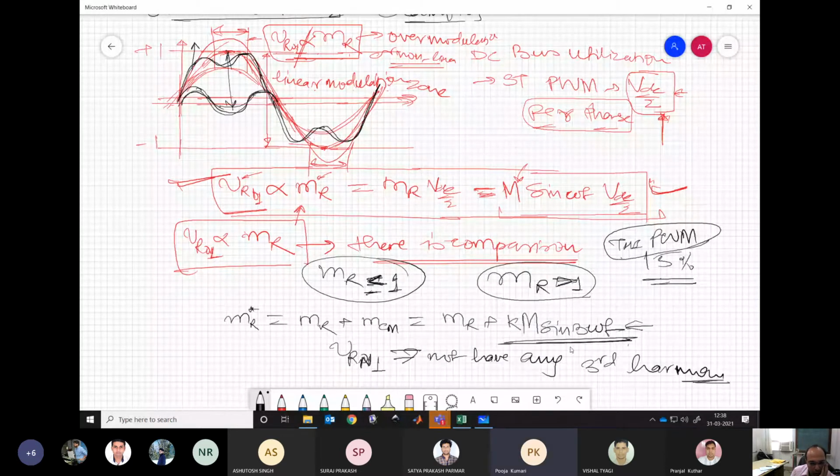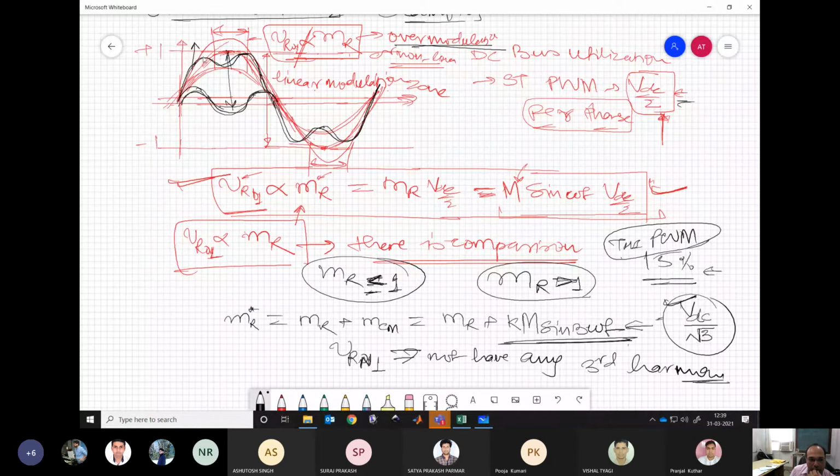Yes, sir. So here we are trying to avoid over modulation, and still we are getting a little bit more DC bus voltage. How much can we get? The utilization is VDC by root 3. This is our new utilization number, 0.577 times VDC, which is 15% more than what we were getting previously.